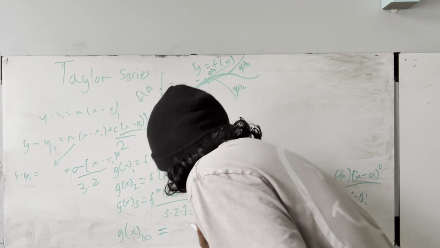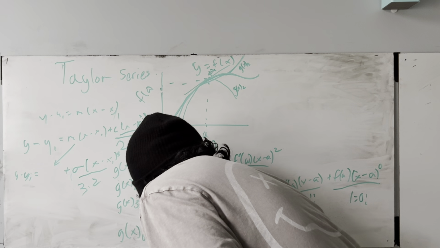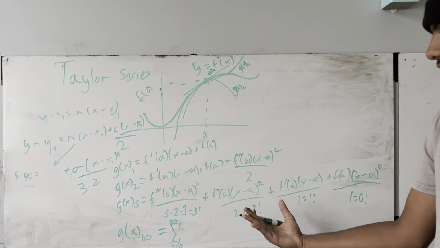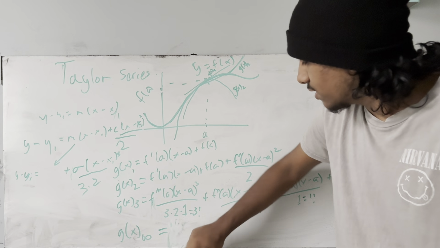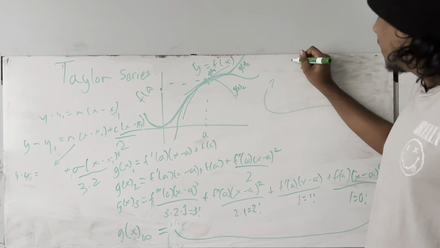So let's do that. What that will look like is we're going to have the summation from n equals 0 to infinity. Let me write this over here, because it's kind of cluttered.